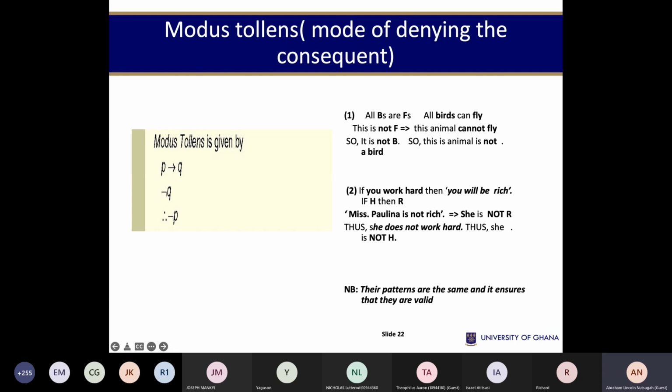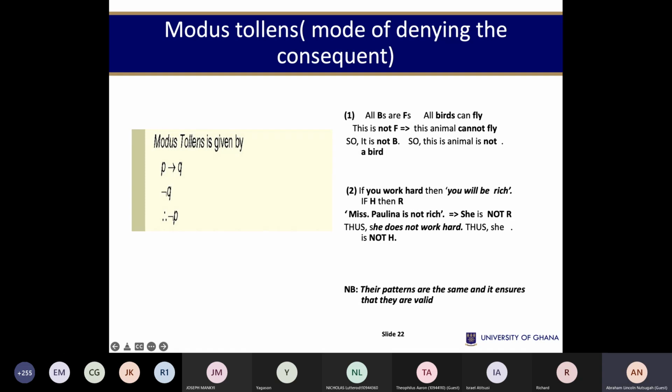How do you deny the consequence? By just putting a negative sign by it. If you put a negative sign by it, then it means you have denied the consequence. If you deny the consequence, it means that obviously the antecedent would not also work.